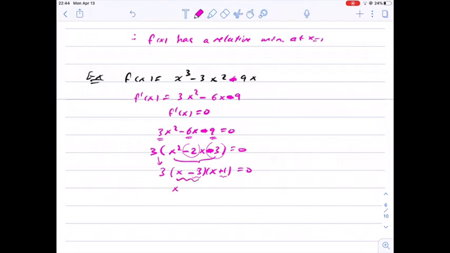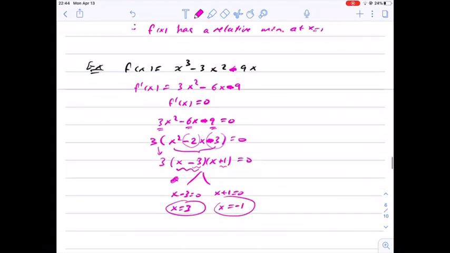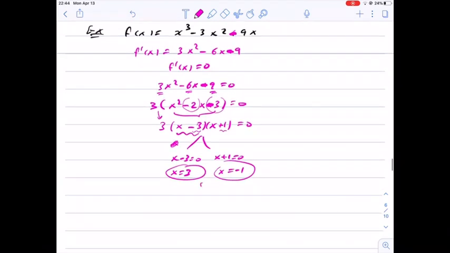So the solution for this is, we have two cases, x minus 3 equal to 0 or x plus 1 equal to 0. Solve this to get x equals 3, solve this to get x equals negative 1. We have two critical points or stationary points.